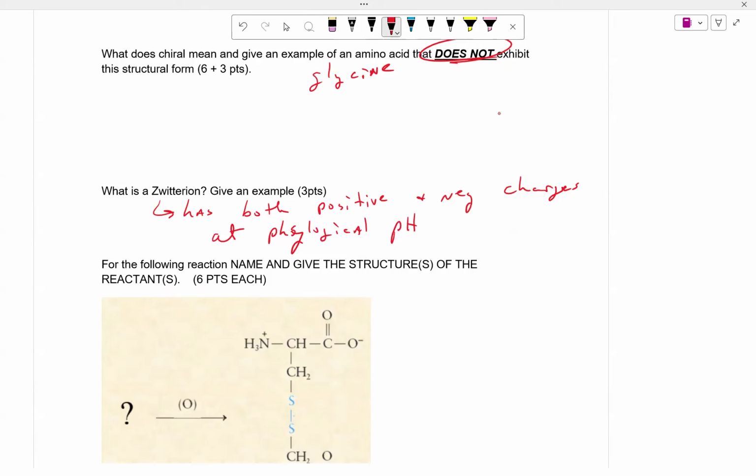Example of one, let's just do glycine. So positive and negative charges for a zwitterion.